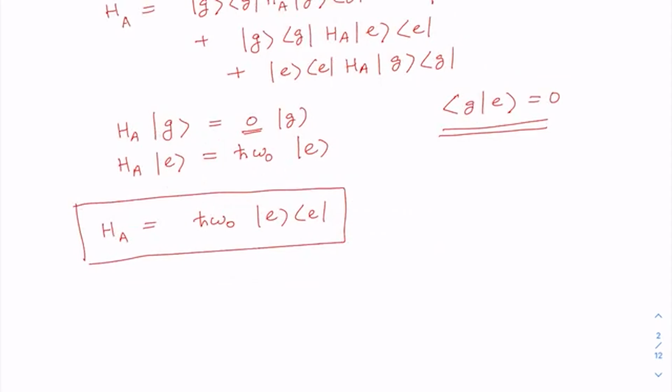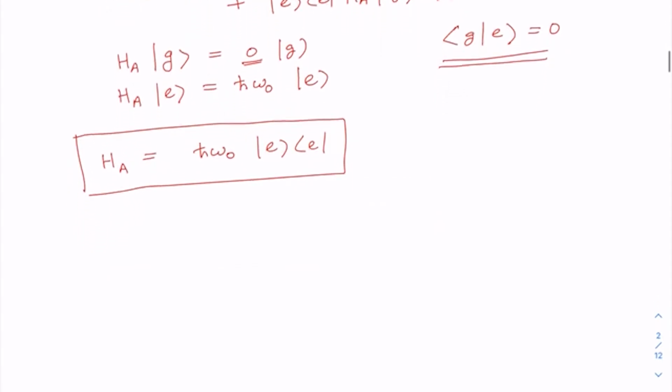Now what about the atom field interaction part of the Hamiltonian, that is H_AF? What is this? The electric field interacts with the dipole moment of the atom, and this interaction is given by minus mu dot E, where mu is the dipole moment operator of the atom.